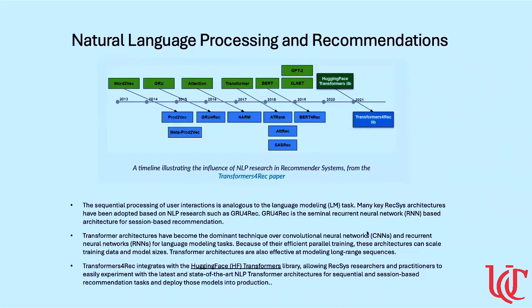Okay, so now let's talk a little more about natural language processing and recommendations. They are very overlapping fields in general, and have been going hand in hand for quite some time now. These are very standard algorithms like word2vec, GRU, attention mechanism, transformers, BERT, XLNet, and now GPT-2.